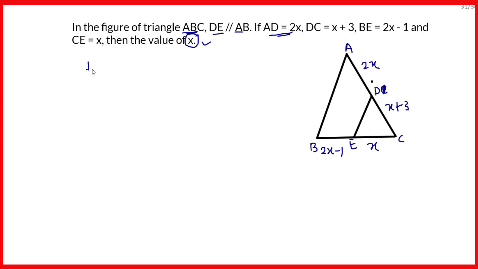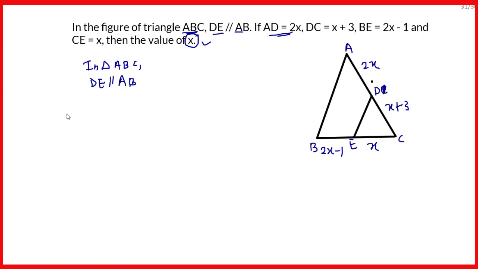So in triangle ABC, we are given that DE is parallel to AB, and since DE is a line segment passing through two points on two sides of the triangle and it's parallel to the third side, we know that this upon this is equal to EC upon BE, correct?